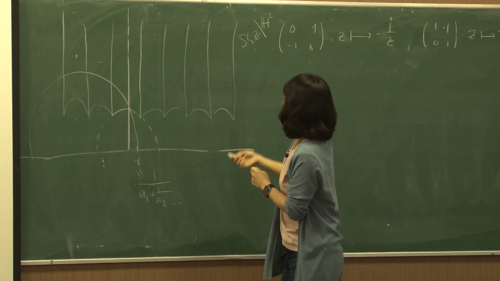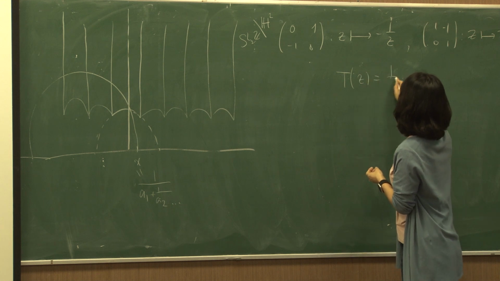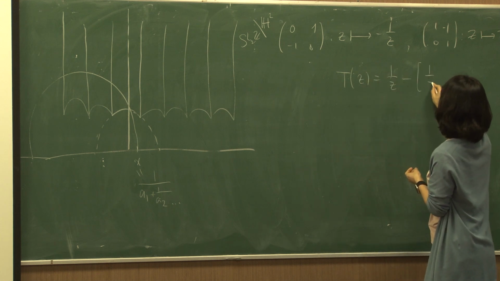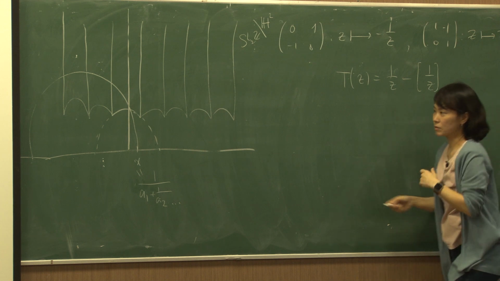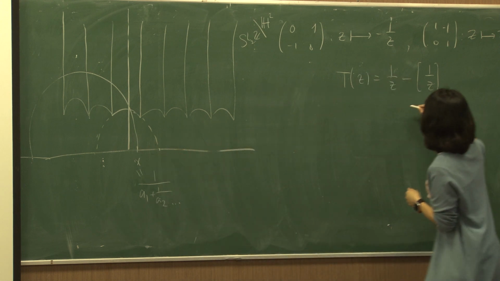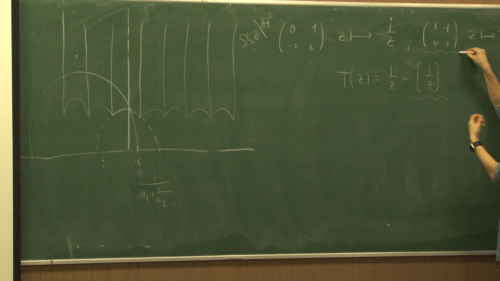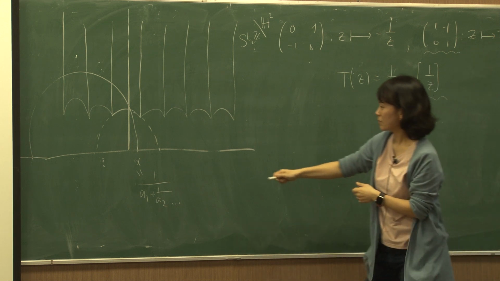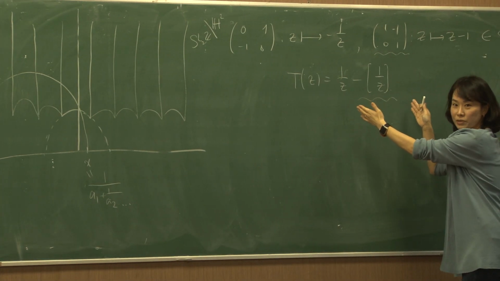So what happens when we do the Gauss map, 1 over z minus the integer part of 1 over z? First we do the inversion, with respect to this circle. Then we apply (1, -1; 0, 1) many, many times until we go back to a point between 0 and 1.